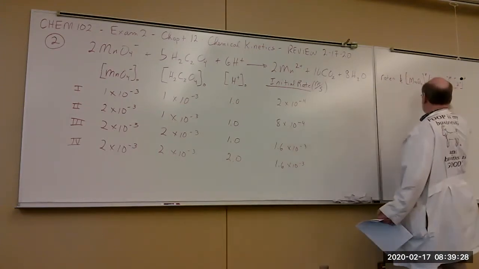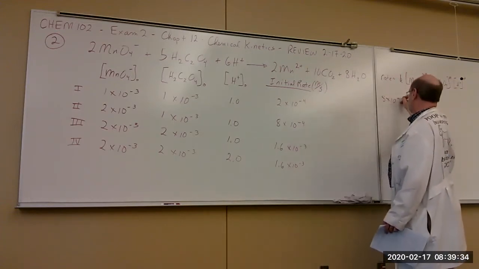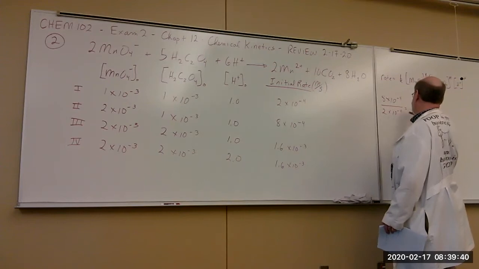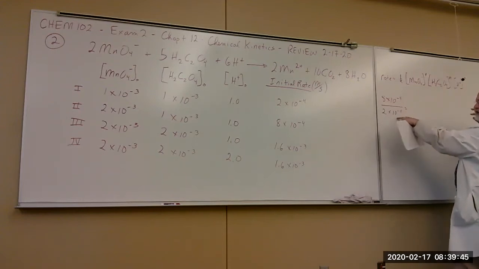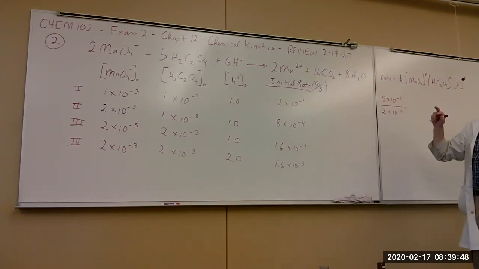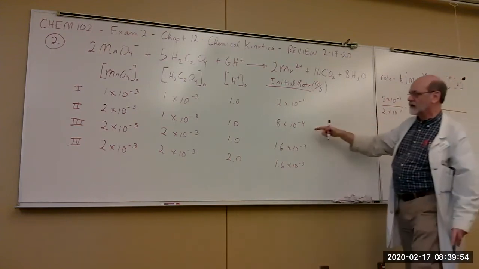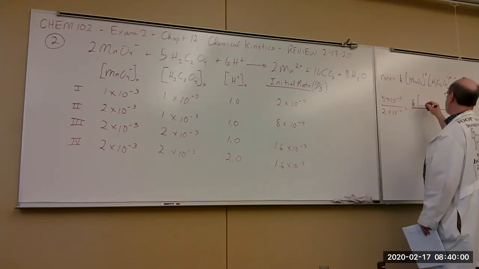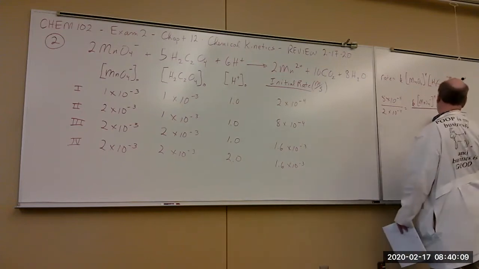And we'll take that expression and write this rate divided by this rate equals that expression for this rate divided by that expression for this rate. Okay? So for this expression, we've got K, and we've got MnO4 minus. Well, actually, we have values for that.